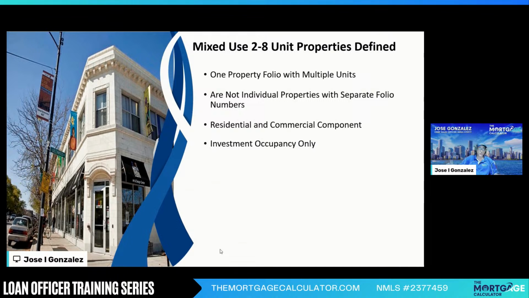It's simply going to use the gross rental income generated by the property, and you divide that by the housing expense, PITI, and if applicable, association fee, and hopefully you're going to be above 1.0. For the best options in this program, you're going to be at 1.1 or above DSCR. But it's very important to note, again, the residential component has to be on the second floor and above. First floor can only be commercial.